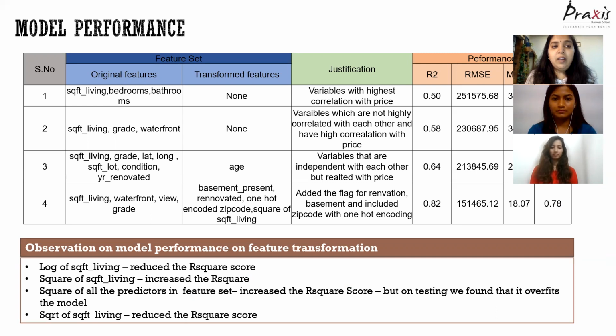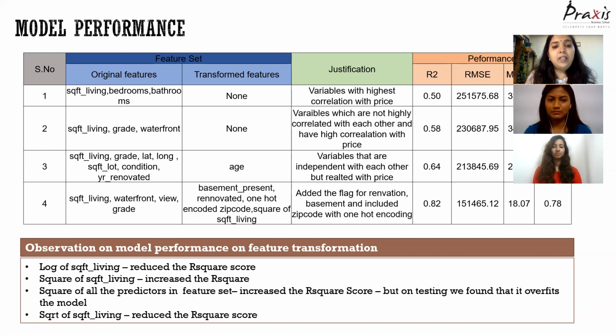Our next feature set was square feet living with other features like grade and waterfront, which increased the performance a little bit. The next one again had square feet living, grade, and a few other features, which again increased our R square score to 0.64, which was quite motivating, but still not good enough.